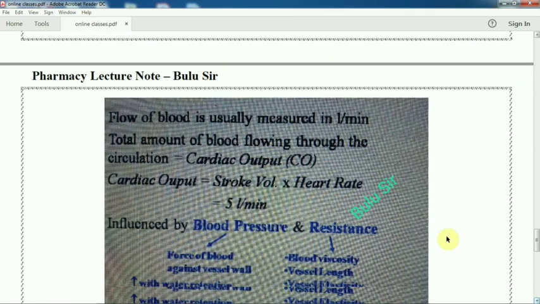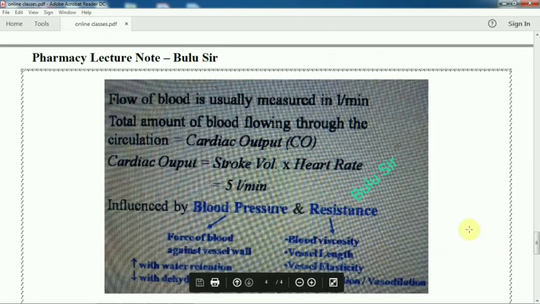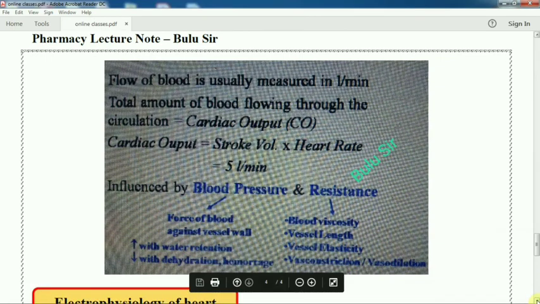What are the factors that influence hemodynamics? Blood pressure and resistance. Blood pressure increases with water retention.